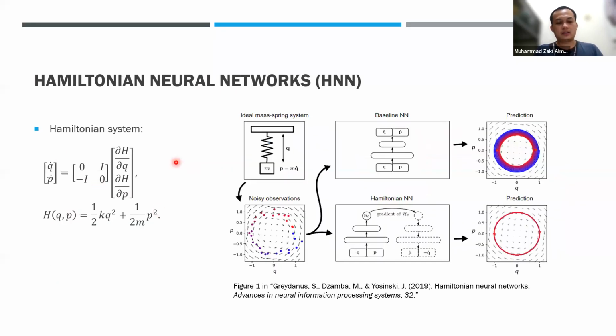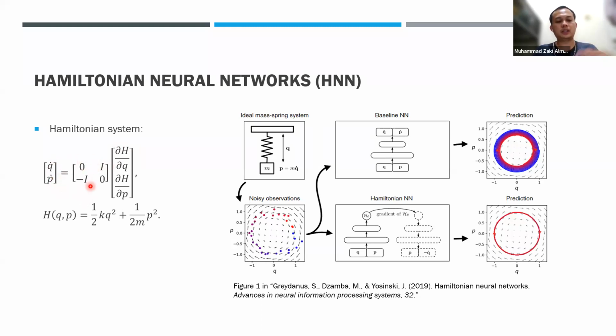In the Hamiltonian systems, you see there is a matrix, basically the interconnection matrix. The Q here is the position vector, and P is the momentum.